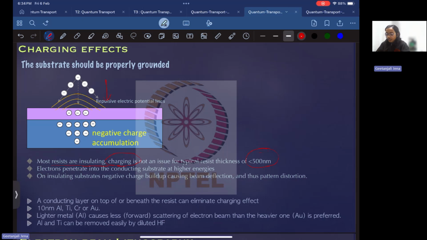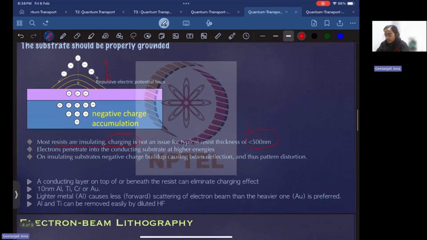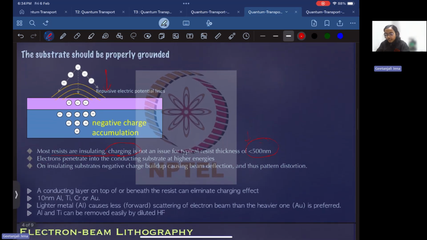So we have to keep the thickness of this resist below 500 nanometer. And if our substrate is insulating, we can use a conducting layer on top of or beneath the resist to eliminate the charging effect.